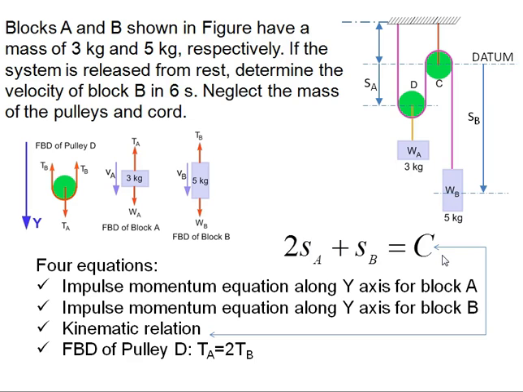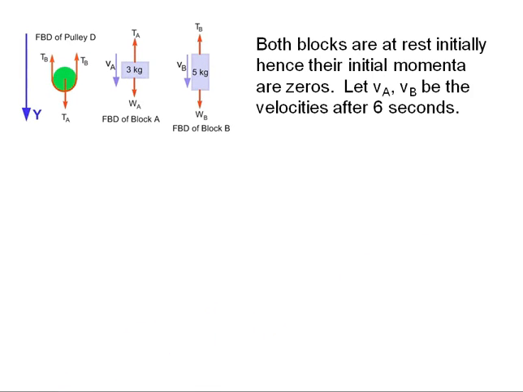With this set out, we'll try to write PLIM for blocks A and B, as shown in the subsequent slide. I've reproduced the free body diagrams that we have drawn earlier so that we can refer to them very quickly in this slide.